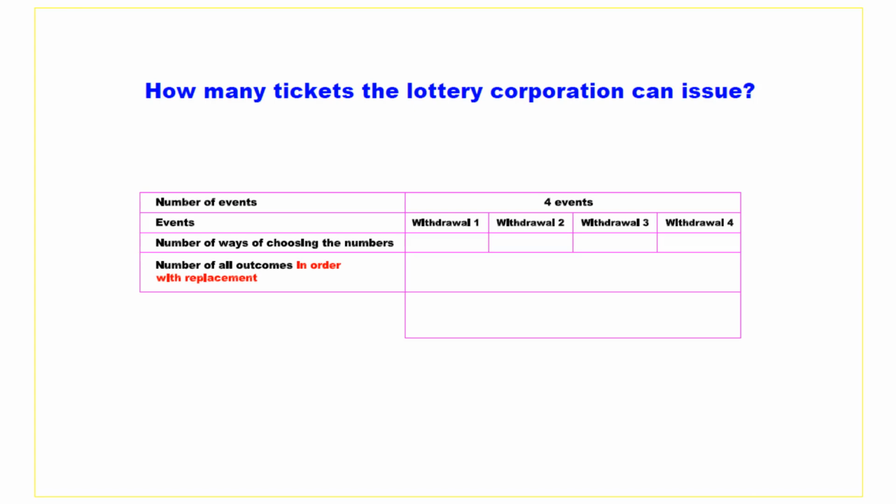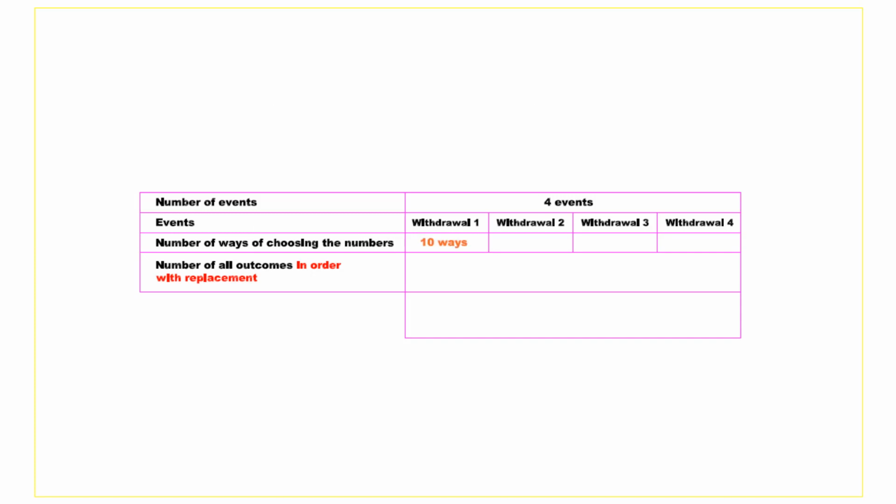So now we have a question: how many tickets can the lottery corporation issue? So we write all these withdrawals in order because order is important. For the withdrawal of the first digit, we have 10 ways. For the withdrawal of the second digit, we have also 10 ways.